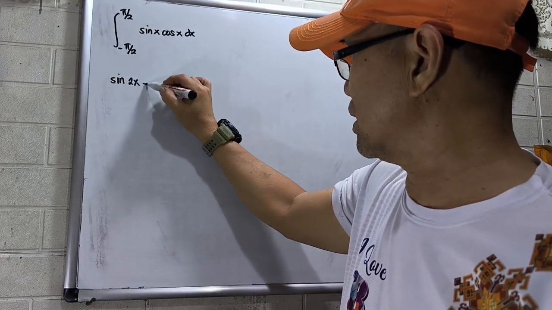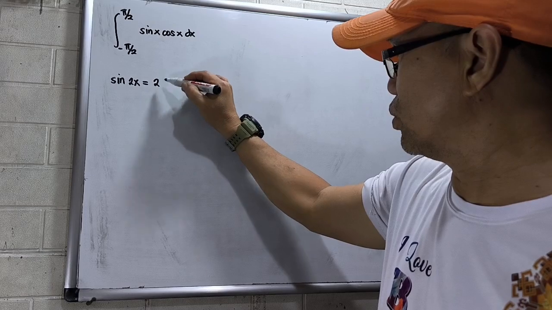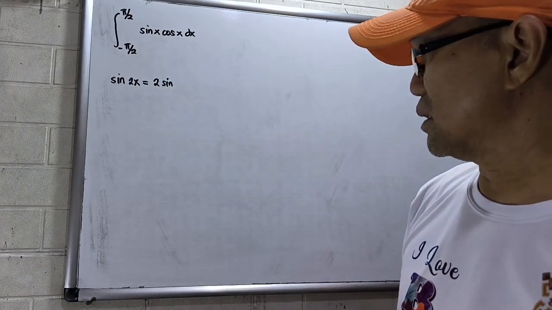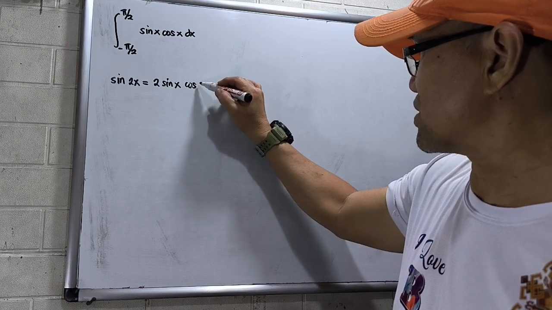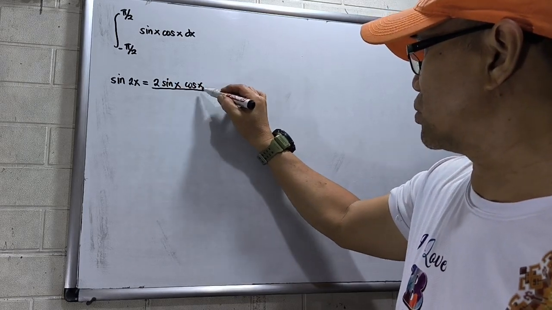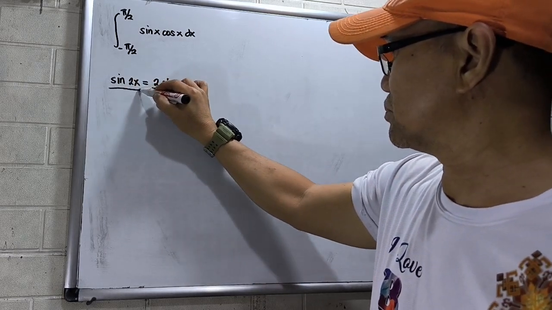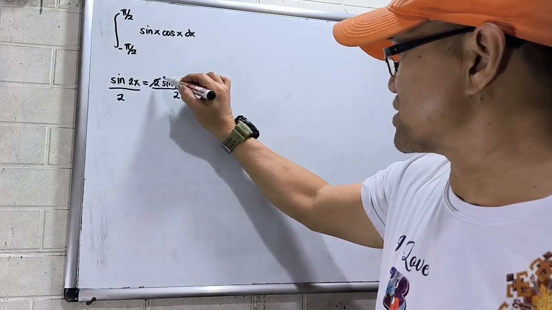Sine 2x is equal to 2 sine x cosine x, the double angle formula. So this will be sine x times cosine x. Then I will divide both sides by 2, so the 2 on the right side is crossed out.